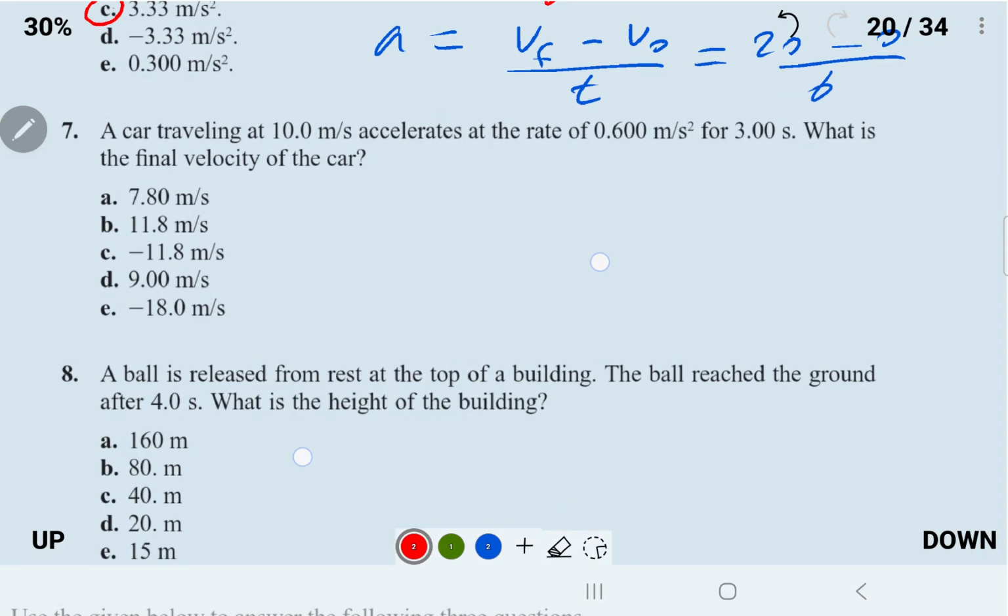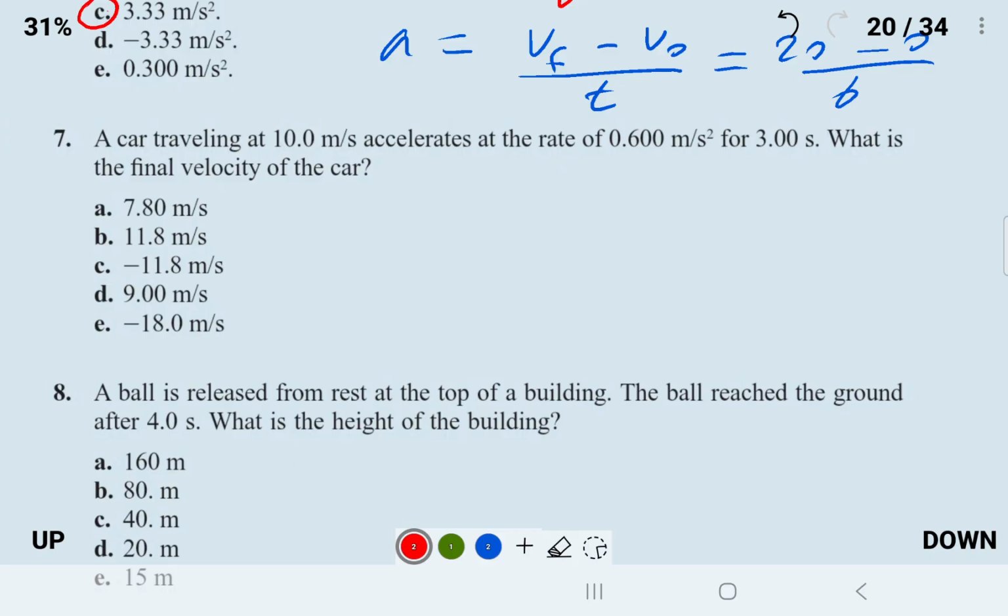Question 7 now. A car traveling at 10 meters per second accelerates at a rate of 0.6 meters per second squared for 3 seconds. What's the final velocity of the car? Here you have to use equations of motion. Remember, you have an equation of motion: V equals AT plus V0. The requirement in the question is to find V final.